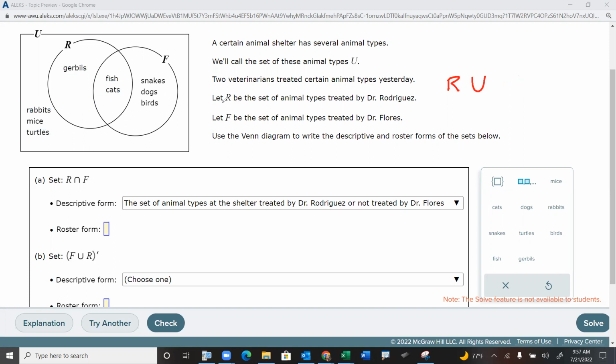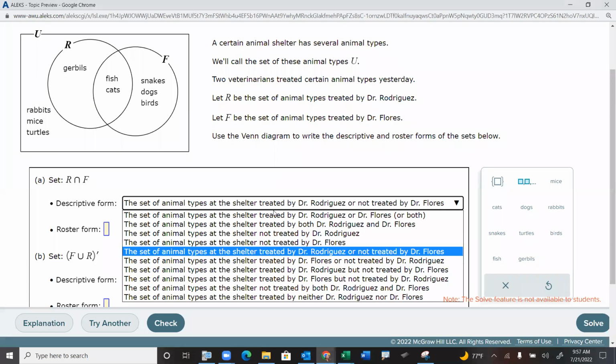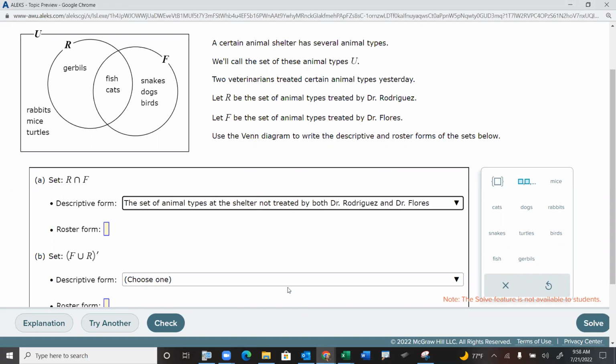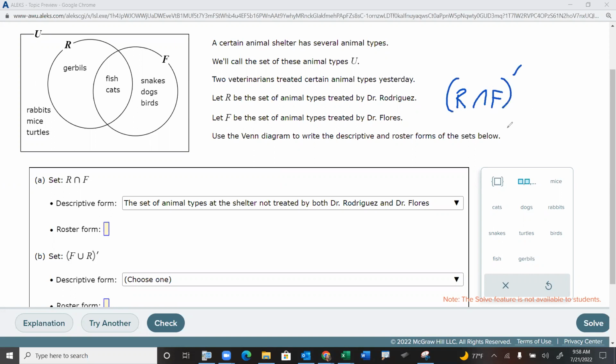And let's do one more of those. Let's see if we can find something a little different. This looks good. The set of animals not treated by both Dr. Rodriguez and Dr. Flores. So that one would be Rodriguez and Flores, but it says not Rodriguez and Flores.